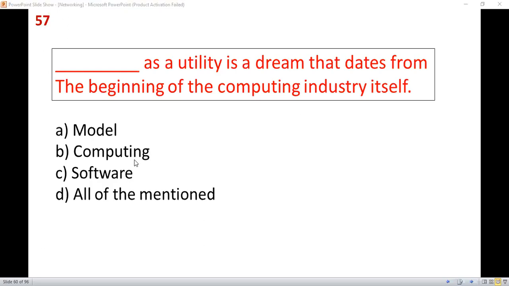Right. Computing as a utility is a dream that dates from the beginning of the computing industry itself. The answer for this question will be B.